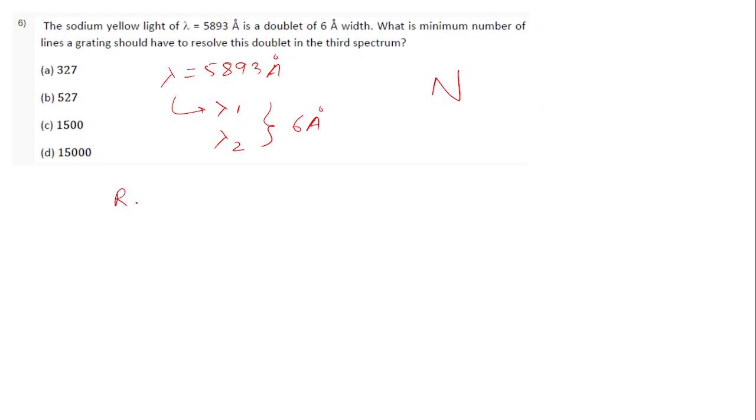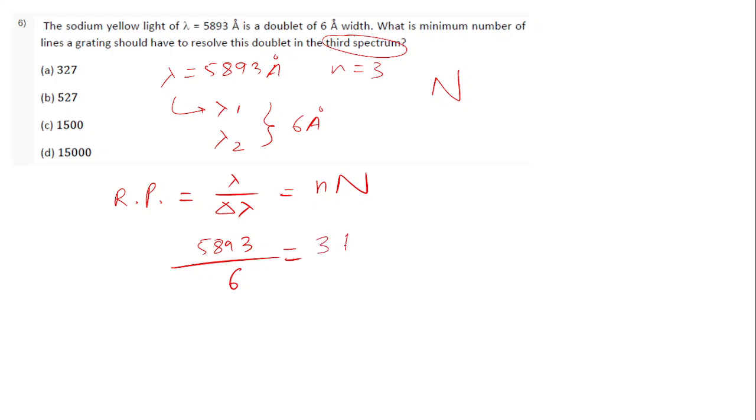Again, using our formula of resolving power, which is lambda upon delta lambda is equal to n, which is the order of the spectrum we are talking about, and this is the number of lines on the grating. And lambda 5893 angstrom. The difference between them is 6 angstrom. The order we are talking about is the third spectrum. That means we are talking about third order. Okay.